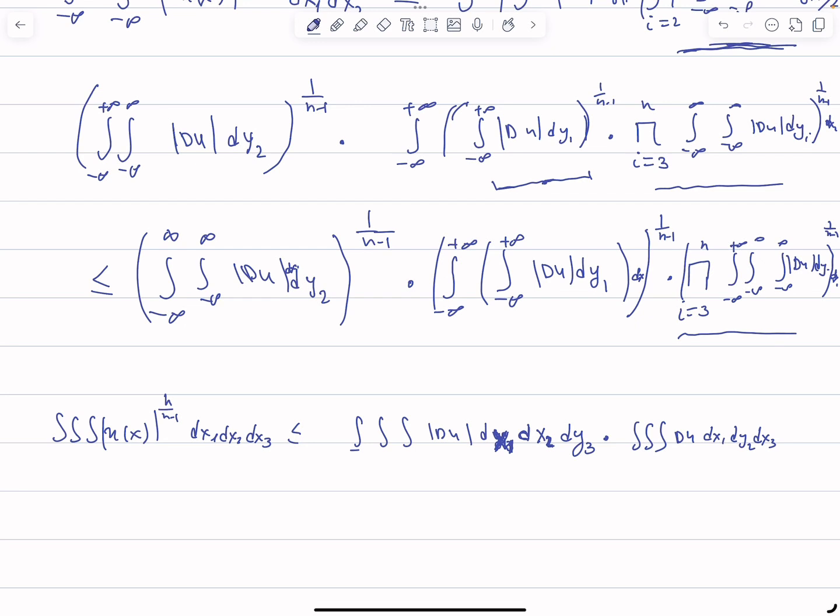Okay, and times this one, triple integral du dy1 dx1 and dx3. Okay, but here will be a product of i equal to 1 to n of these n integrals.